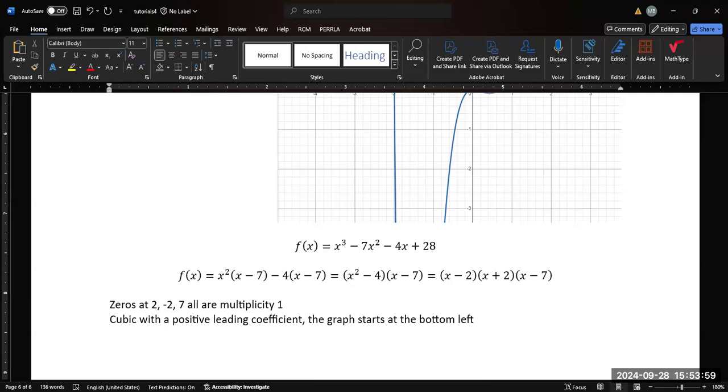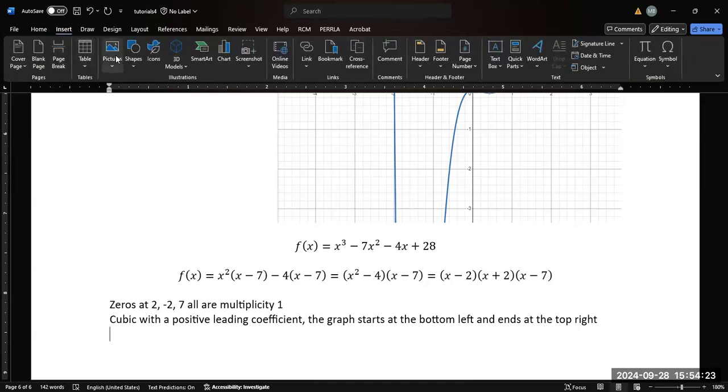So it stays negative because it's an odd power. So it starts at the bottom left and ends at the top right, because again, a positive number cubed stays positive, just gets bigger. And so those become the dominant things outside of our zero region.